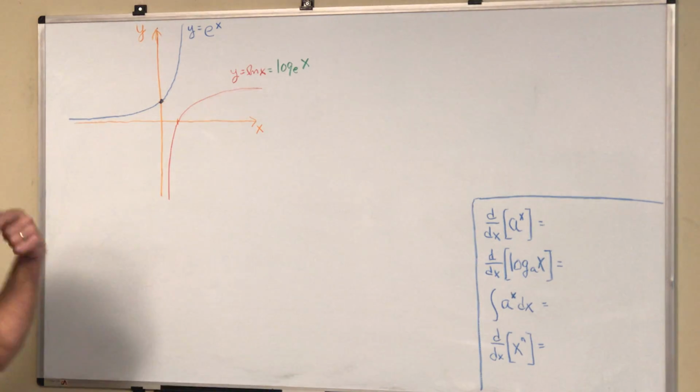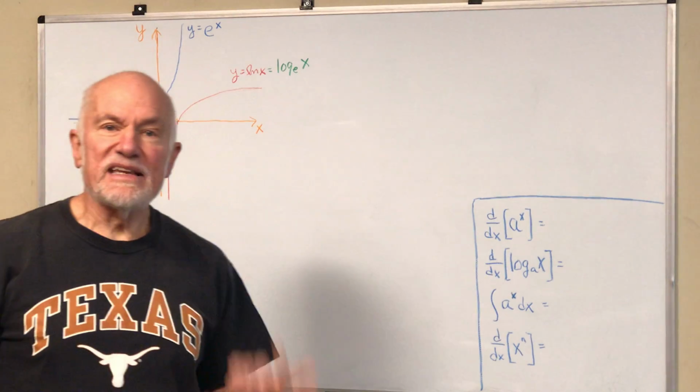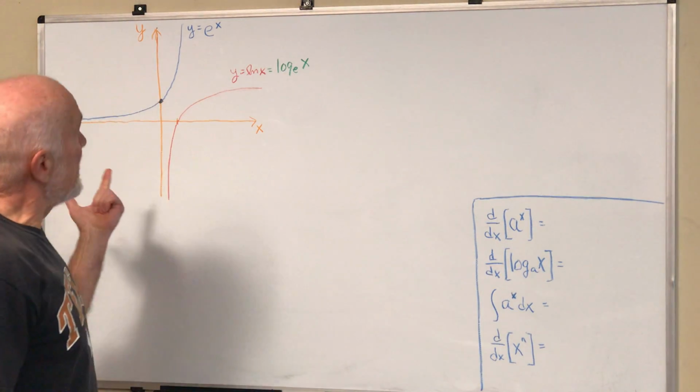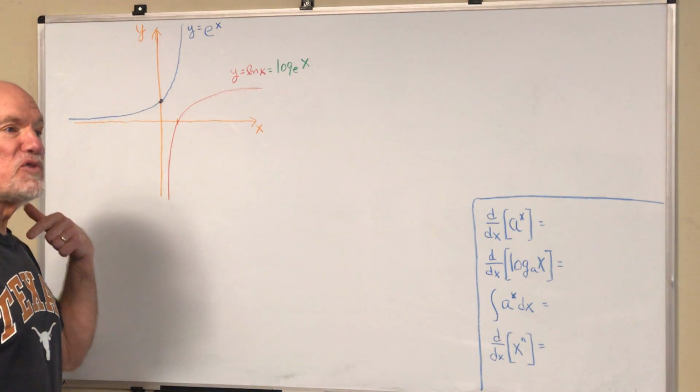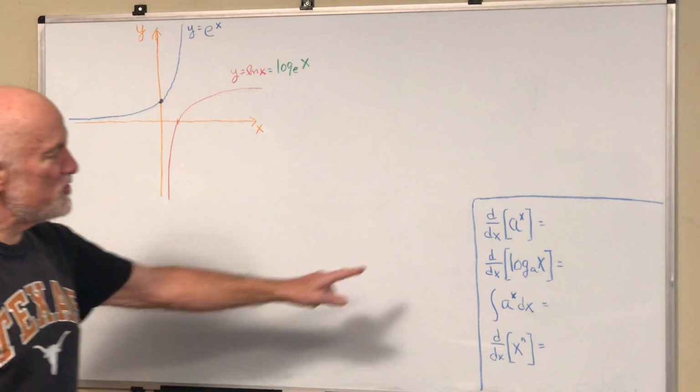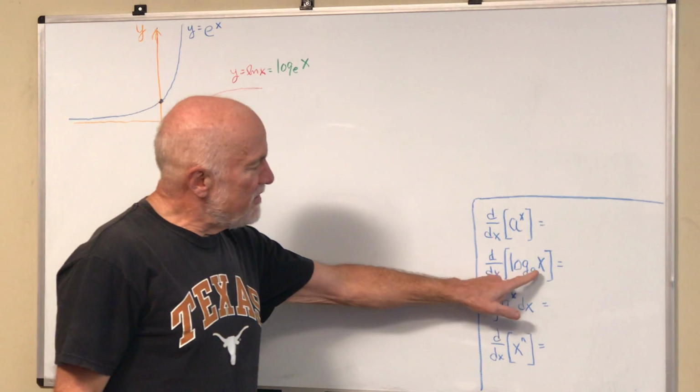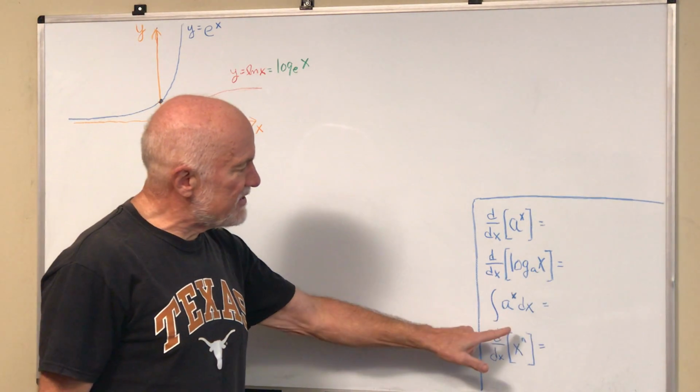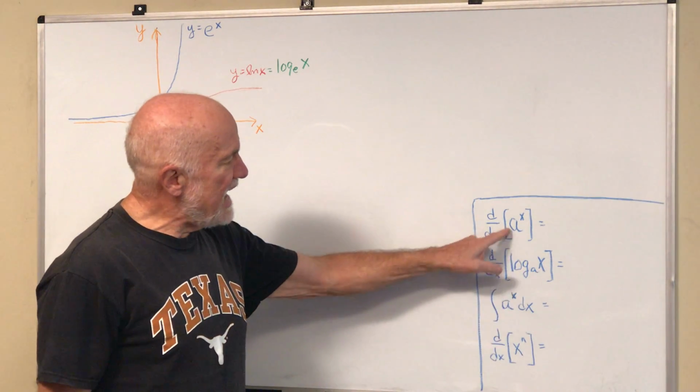Now that we found derivatives and antiderivatives for them, how about if we go to different exponential and logarithmic functions? So that's the goal of today: to try to come up with things for log base a of x and a to the x.